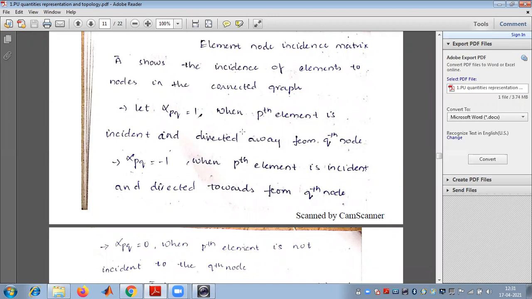First, you directly write down this one. Alpha pq is equal to 1, alpha pq is equal to -1, alpha pq is equal to 0. So whenever you have these assumptions, you directly substitute the values.